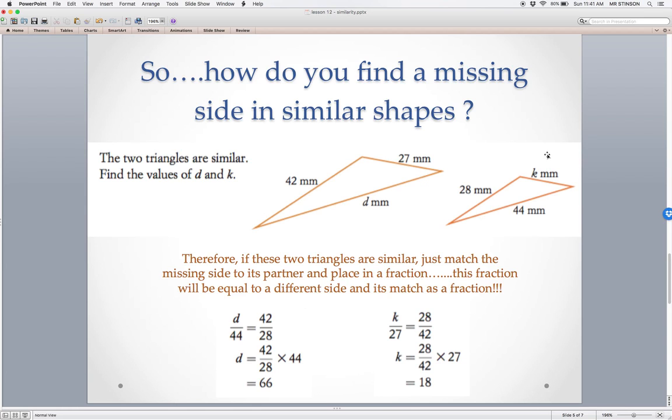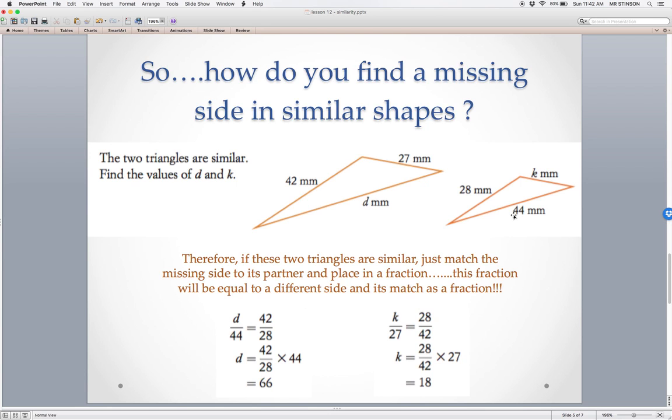All you need to do is follow one quick step. Firstly, just match the missing side to its partner and place it in a fraction. So if I'm trying to find D, place D and its partner, which if I look over here to the other shape is 44, into a fraction. D over 44.